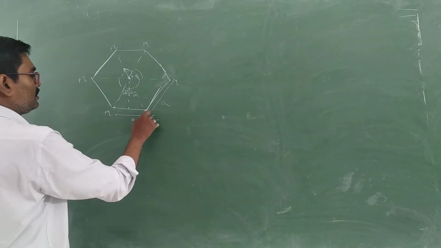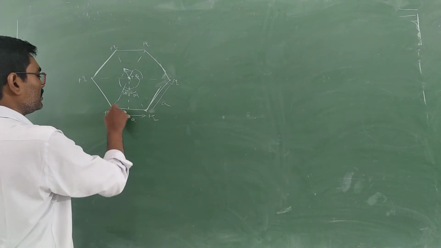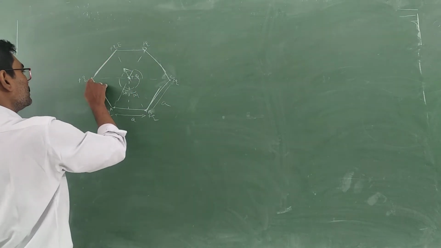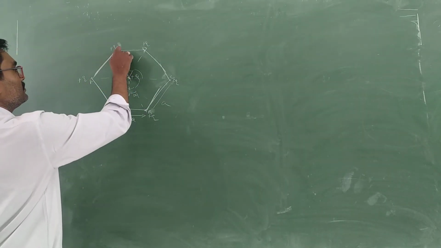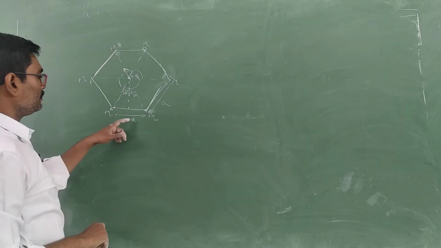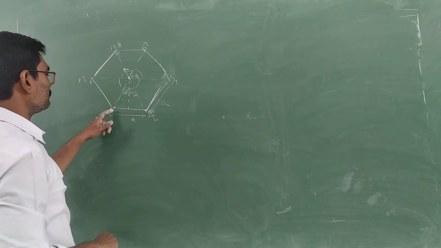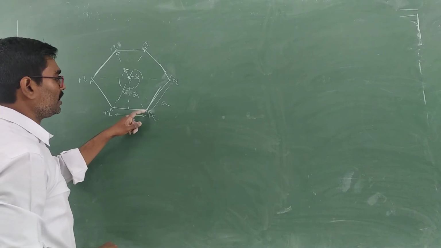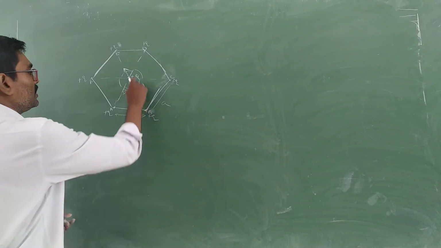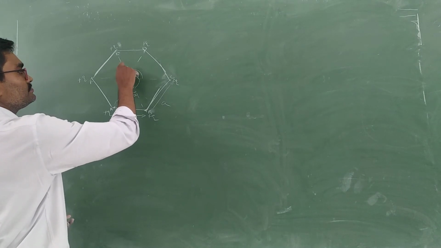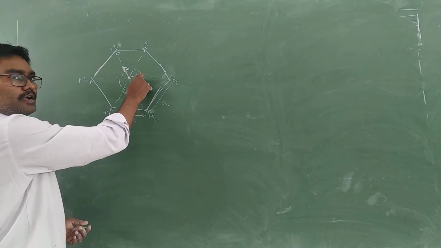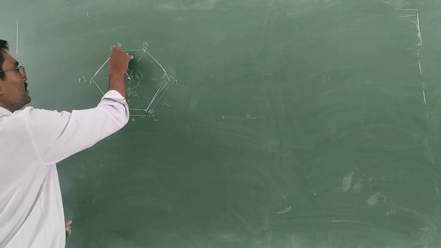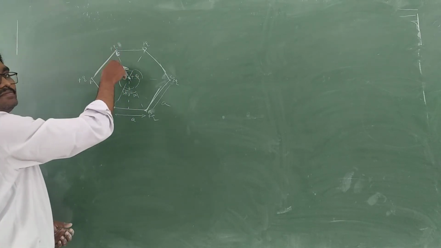Let us label the corners A, B, C, D, E, F. The force acting by the charge at B is in this direction on plus Q. Then what about the charge placed at E on the same charge?